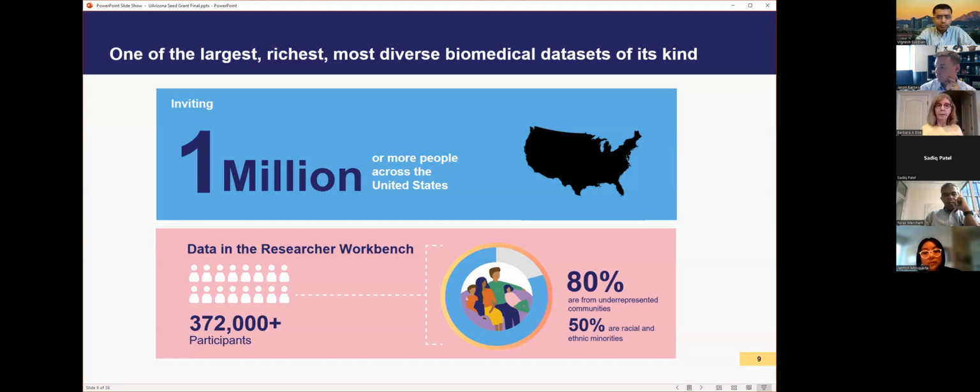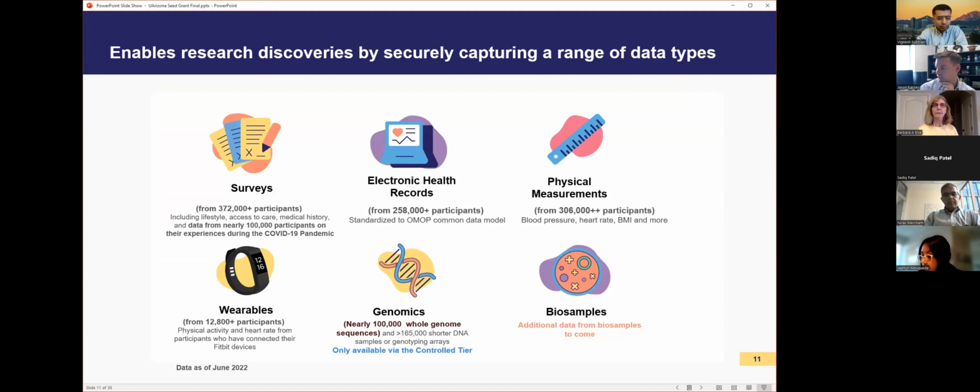And in terms of the curated data set, being uploaded in phases, the curated data has 372,000 plus participants in it now, 80% of whom are from underrepresented communities, and 50% are racial and ethnic minorities in the representation. Next. This enables, hopefully, research discoveries that are rich in information and potential.